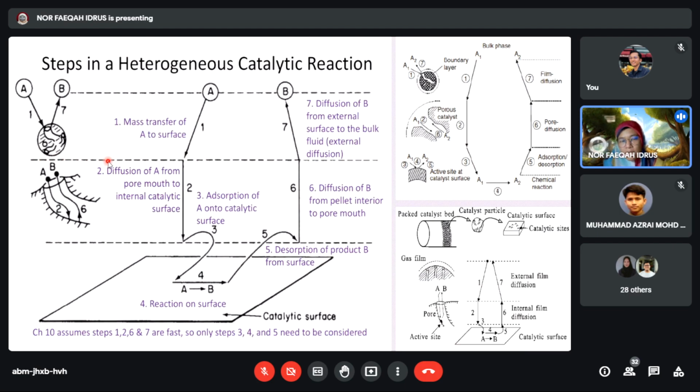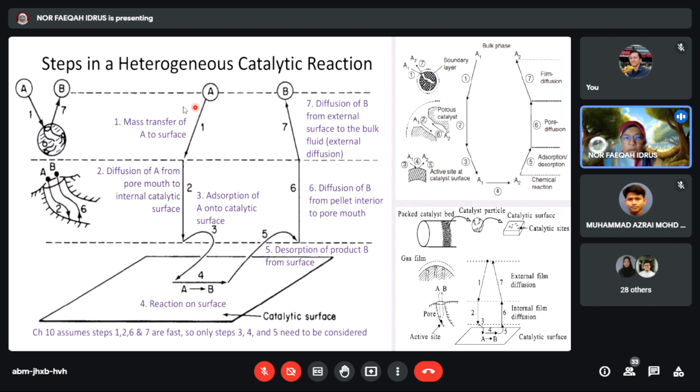This area is the bulk fluid phase. This area is the pore mouth area, from this point to this point. And here is the active site of the catalyst, or the catalytic surface of the catalyst.